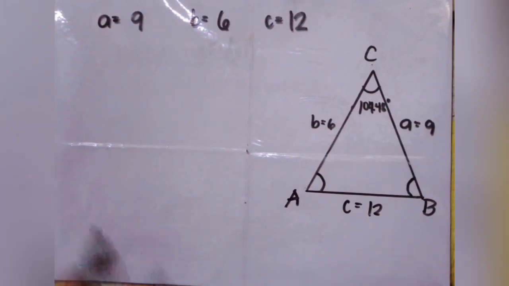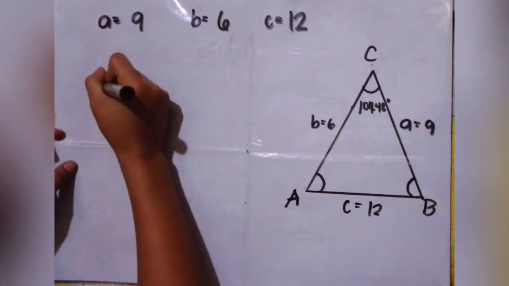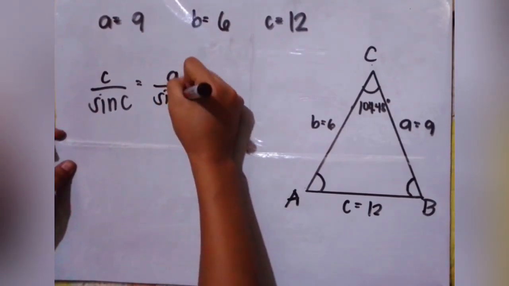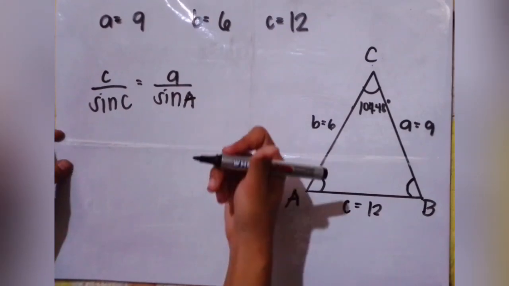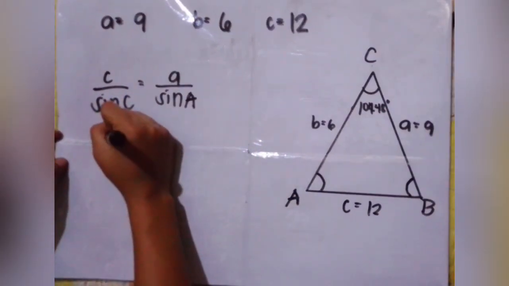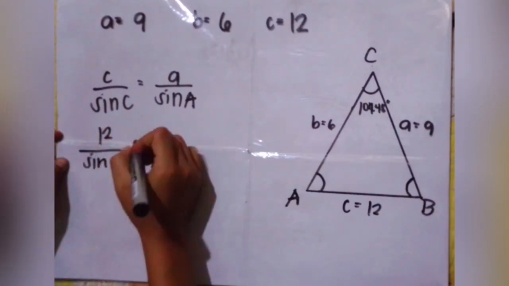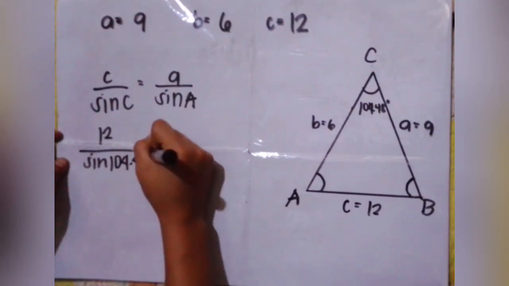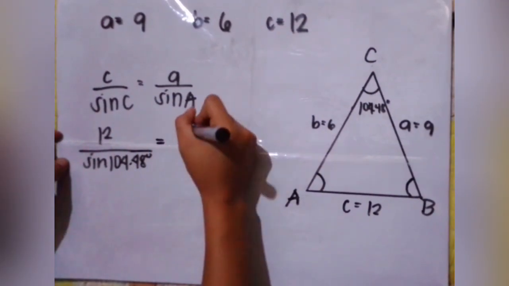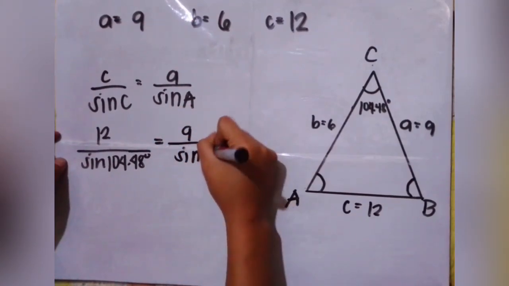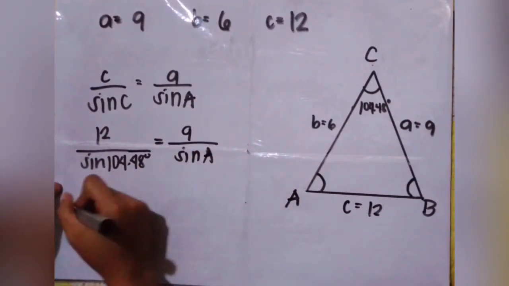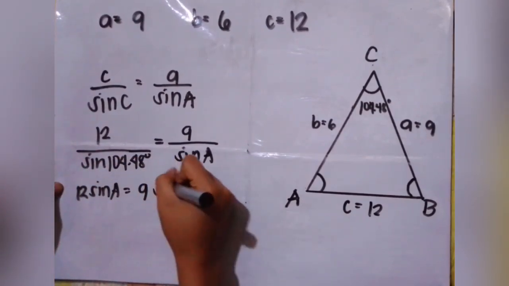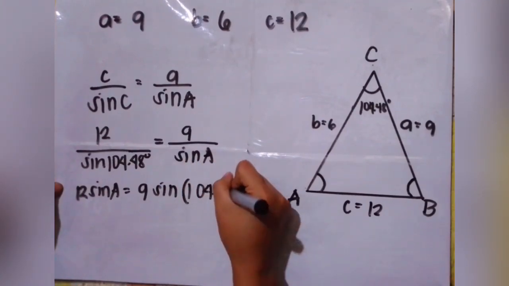We will find the angle A. C over sine C is equal to A over sine A. Now we will substitute: 12 over sine of our angle C, 104.48 degrees, is equal to 9 over sine A. Next, cross multiply. 12 times sine A is equal to 9 times sine 104.48.